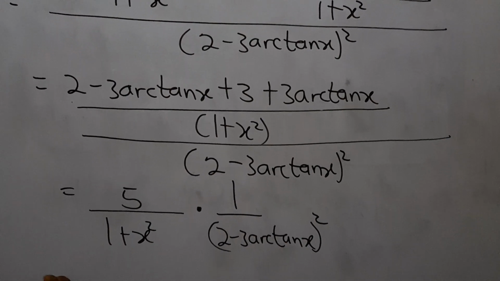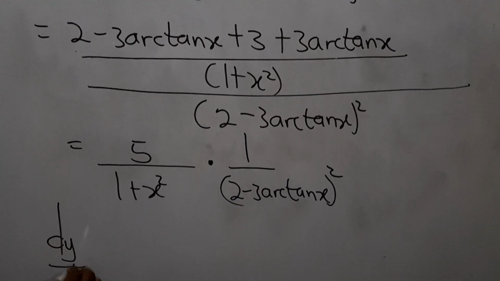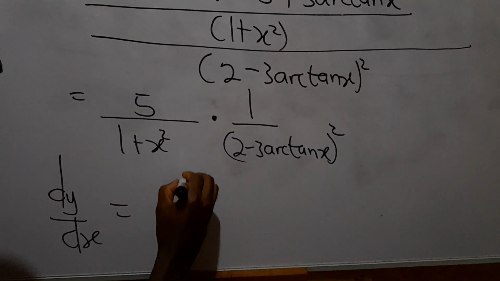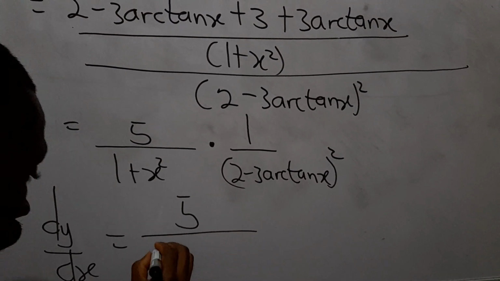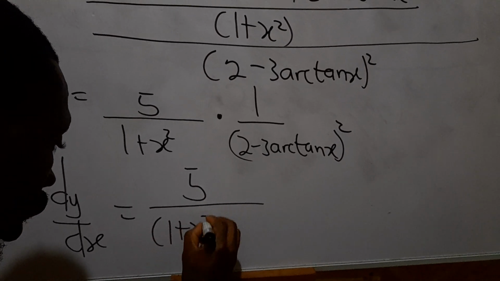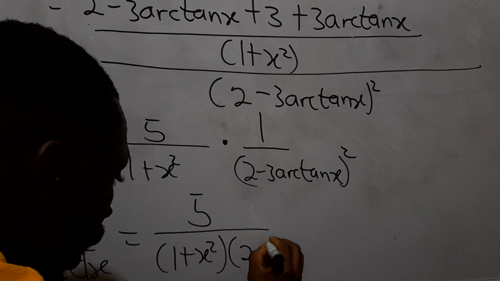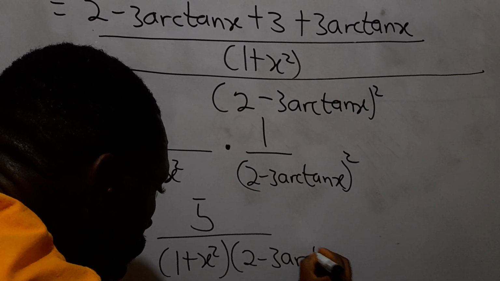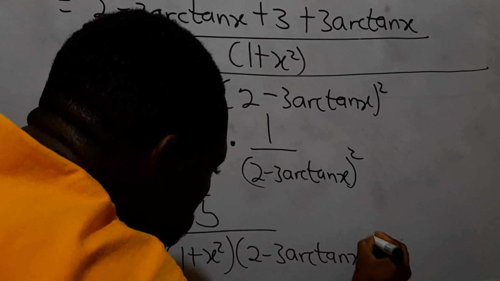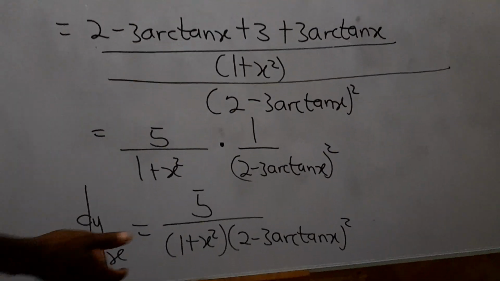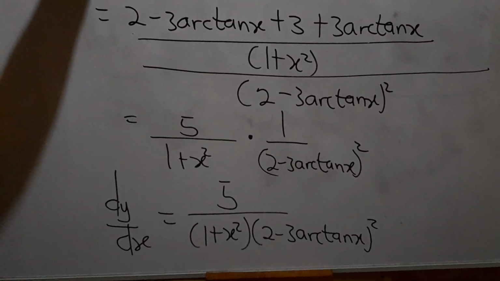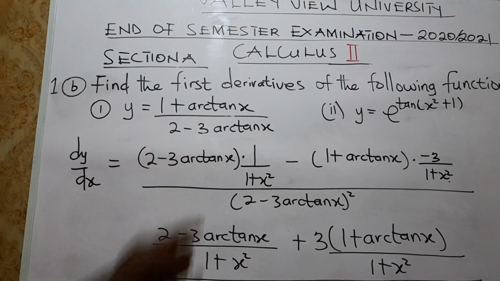So I'll polish this further. We'll say that dy over dx is equal to 5 over 1 plus x squared, times 2 minus 3 arctan x all squared. Then this becomes our first derivative of this function. I hope you get that.